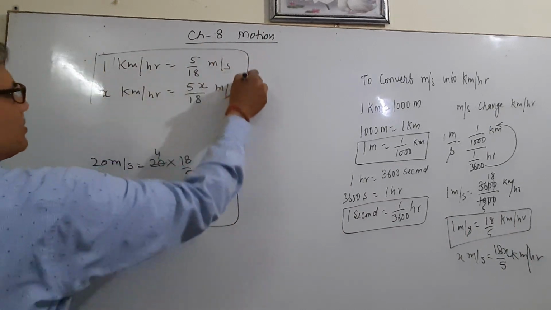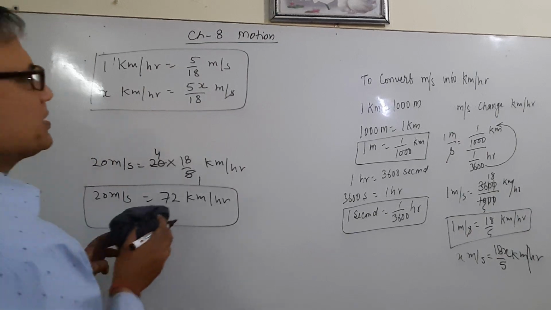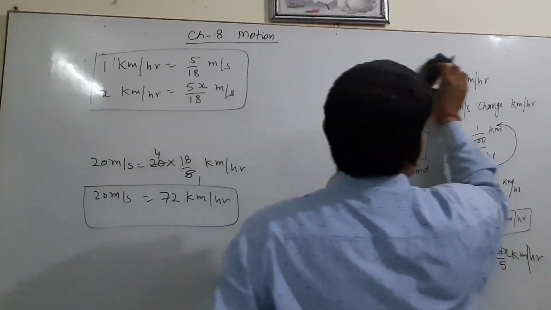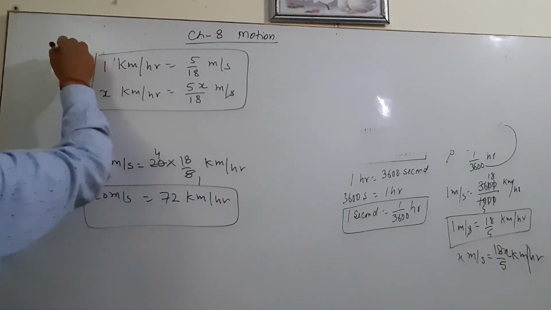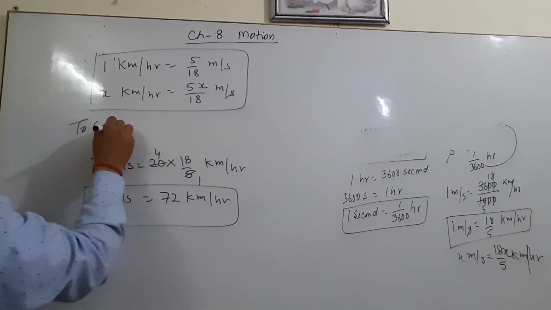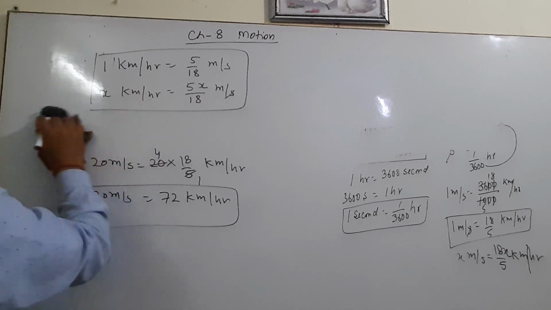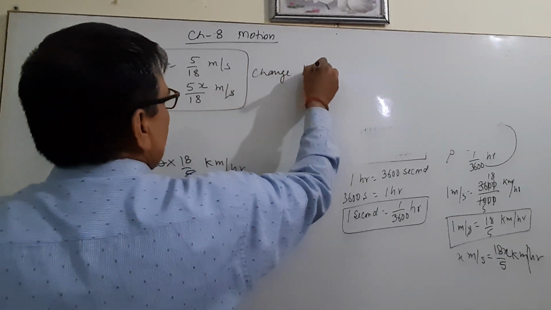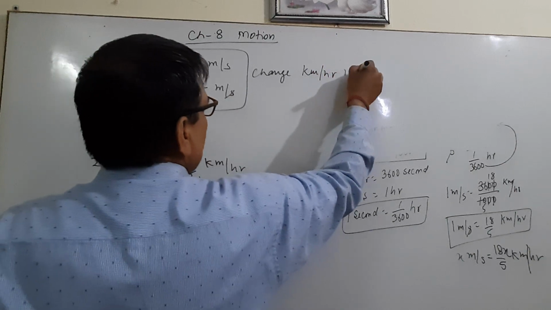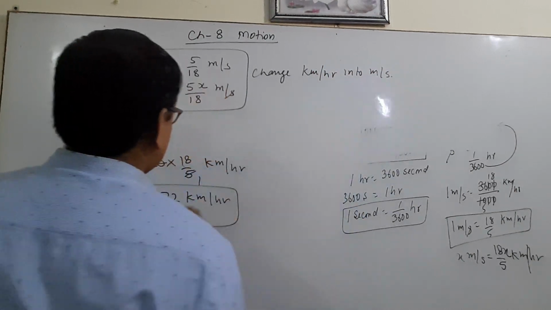This is the first point, used to change kilometer per hour into meter per second.